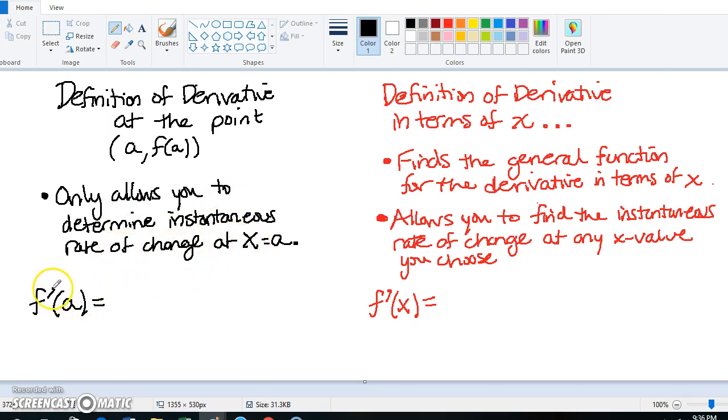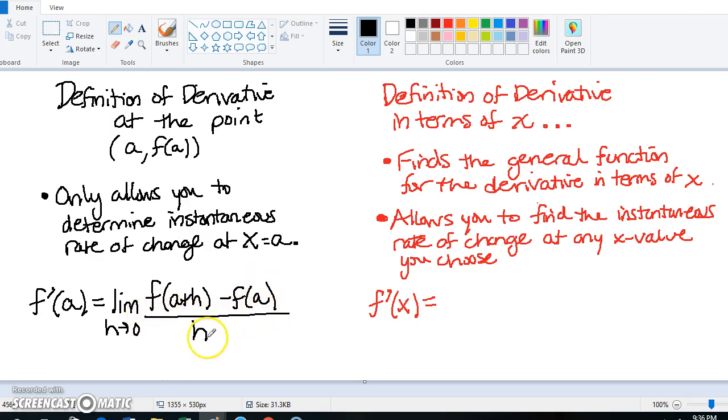The definition there is f prime of a is the limit as h approaches 0 of f of a plus h minus f of a all over h. When we evaluated this, we came up with a numerical value representing the instantaneous rate of change at a.